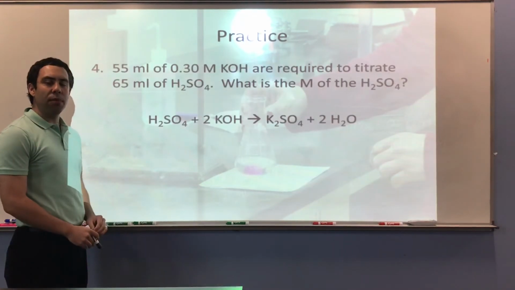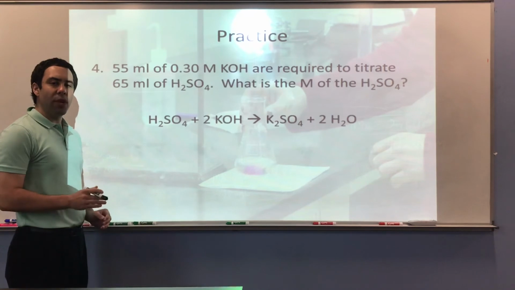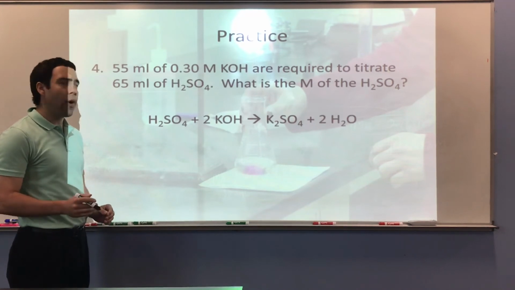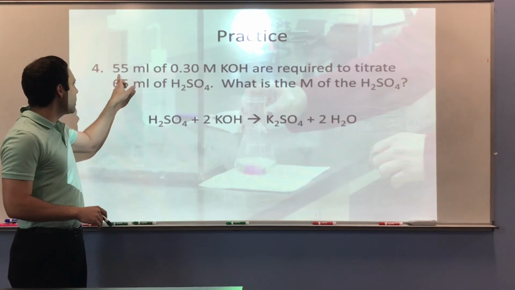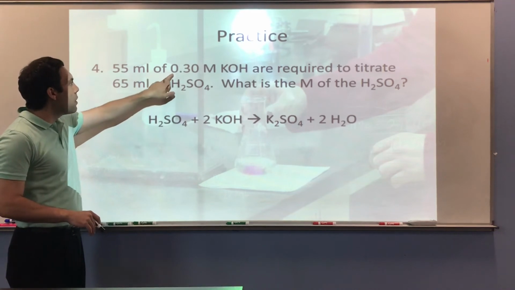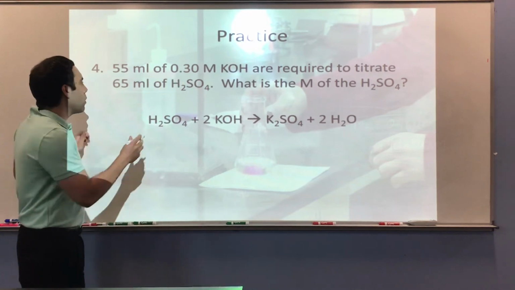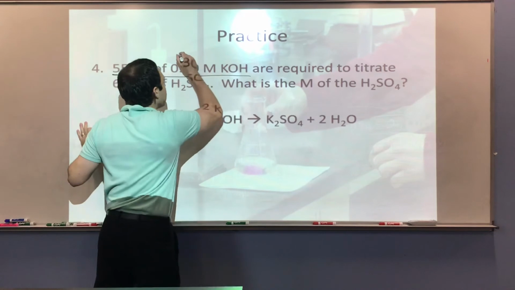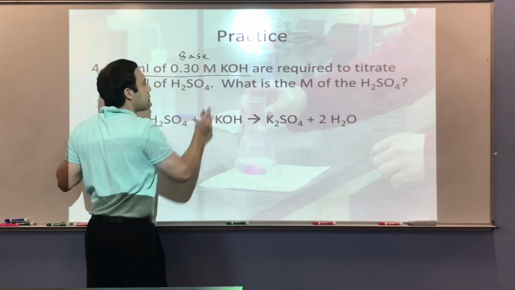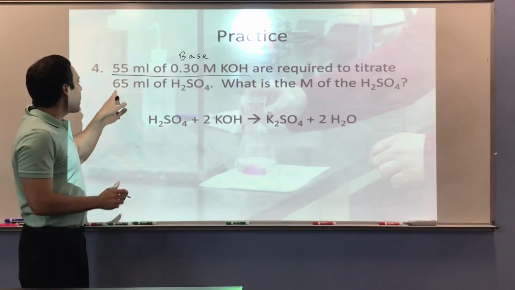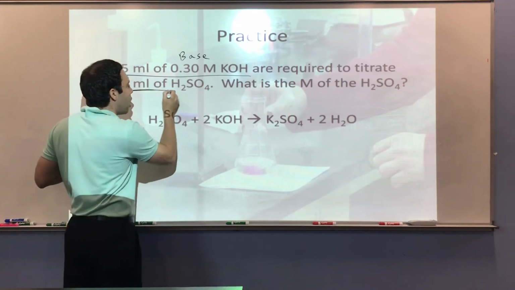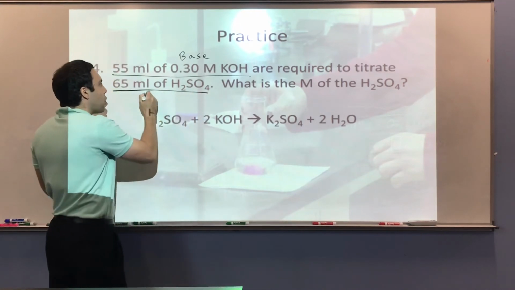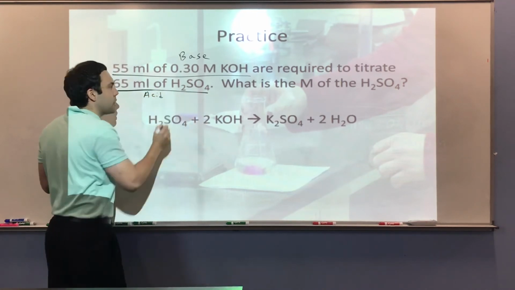This last problem, problem number 4, is a little bit trickier than the other problems we've done so far. Problem number 4 states 55 milliliters of 0.30 molar KOH, so that's our base, are required to titrate 65 milliliters of H2SO4, sulfuric acid, which is our acid.